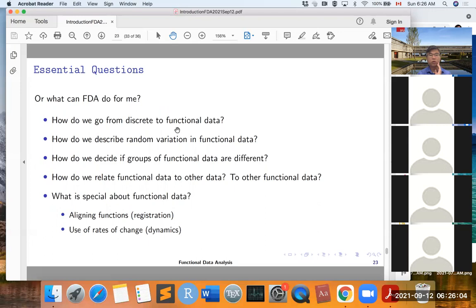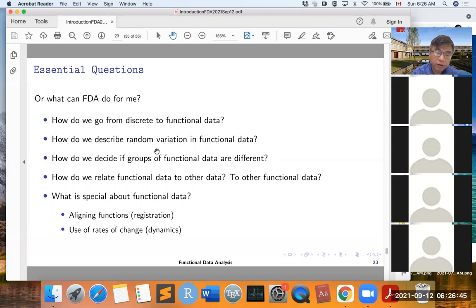So here are some essential questions FDA tries to answer. The first is how can we go from discrete data to functional data? This one is more viewed as non-parametric regression methods. Because of the limit of time, I will not cover this topic, but in my YouTube channel, I have several lectures about how to go from discrete measurements to functional data.